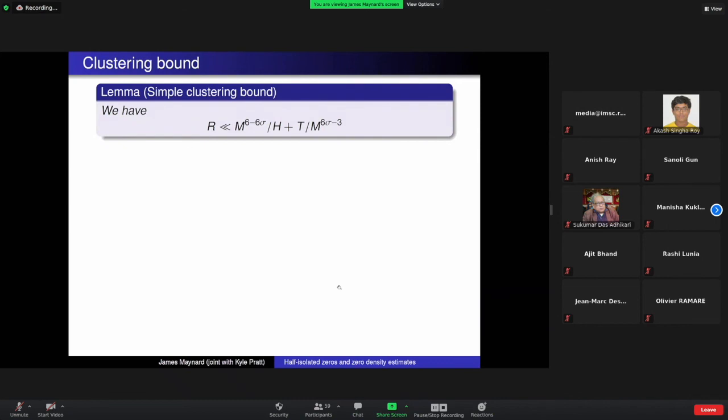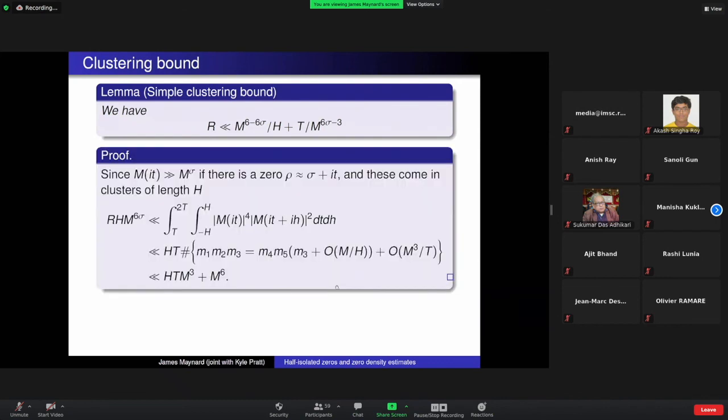So again, in the interest of time, maybe I'll be slightly short, but the standard zero detecting techniques say that there is some Dirichlet polynomial of length m, which takes large values at any given zero. This is different to what we had before, because these Dirichlet polynomials are not necessarily short.